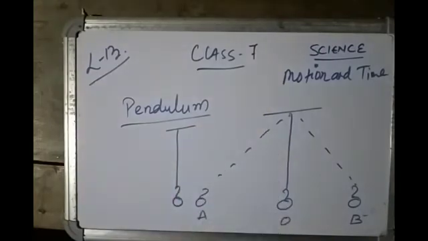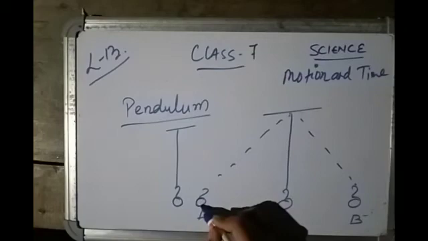The metallic ball is called the bob of the pendulum.